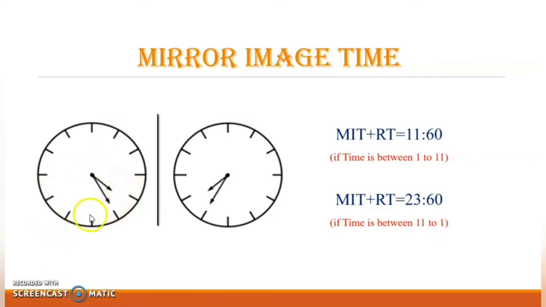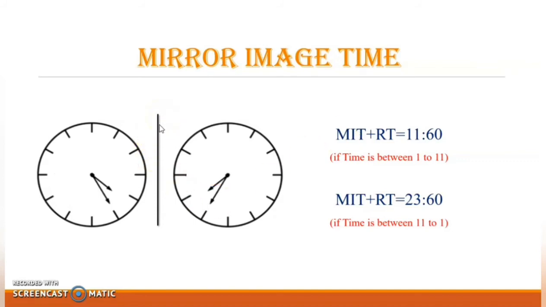Here, what is the time shown in this clock? The hour hand is at 4 and the minute hand is at 5. So this clock shows 25 minutes past 4. Let us try to use whichever formula is applicable to the current problem.